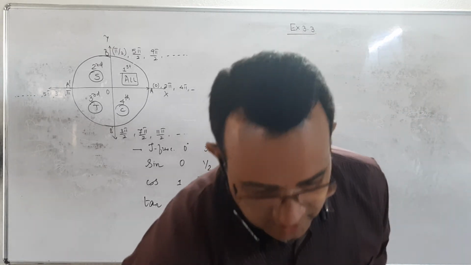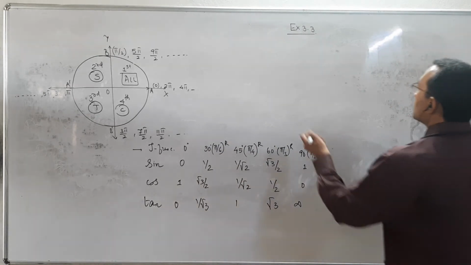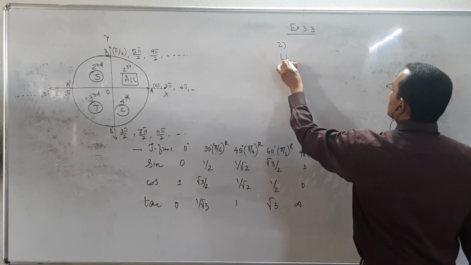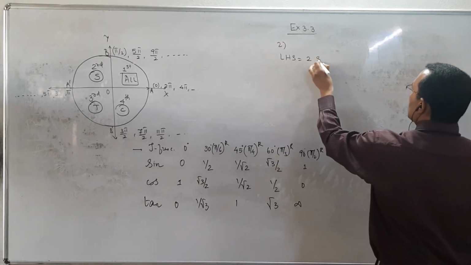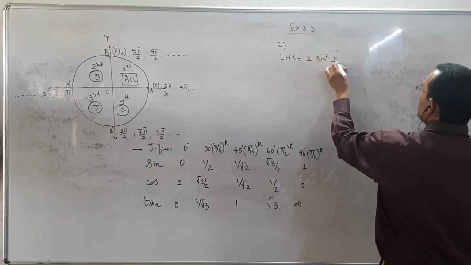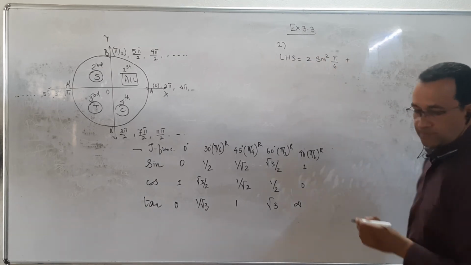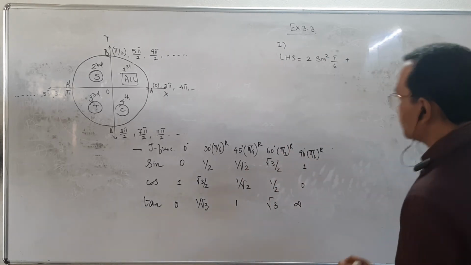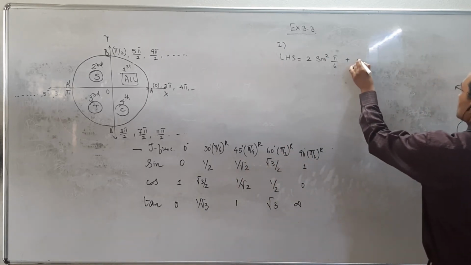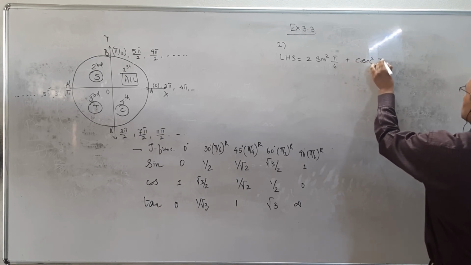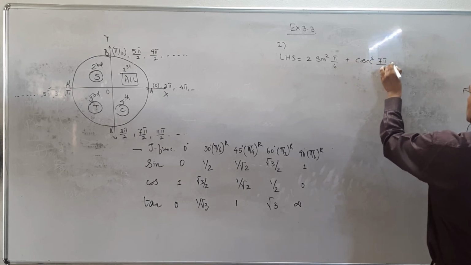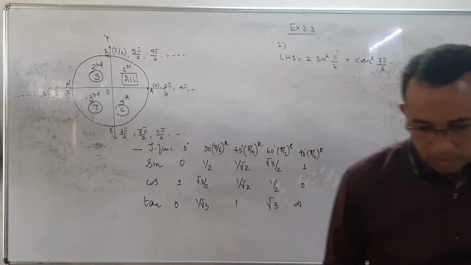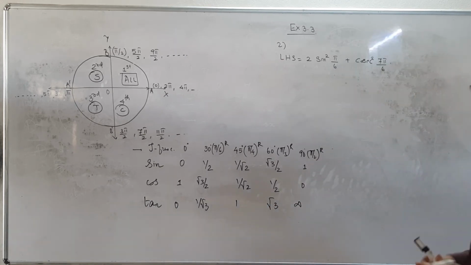Prove that, LHS, twice sine square pi by 6 plus cosec square 7 pi by 6 into cos square pi by 3.